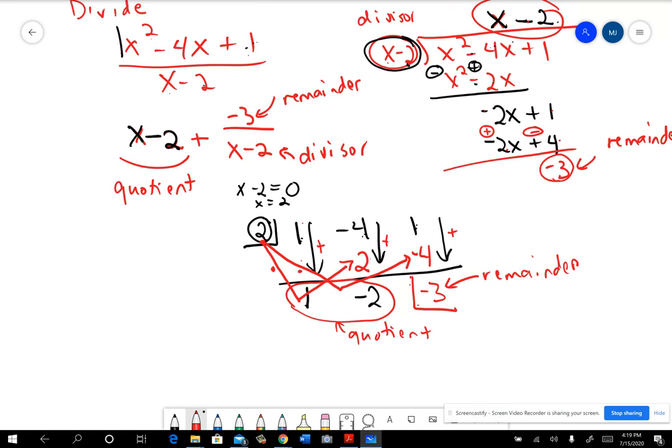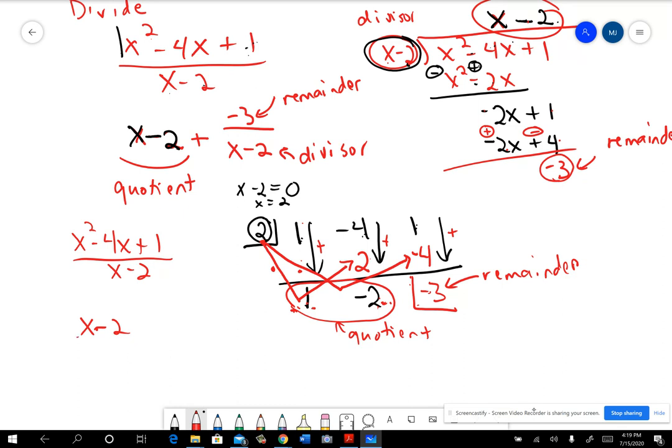So you have to think about, okay, what I had was the problem x squared minus 4x plus 1, and I divided it by x minus 2. What I got as a quotient, that's what I get from here, happens to be 1x minus 2. This number next to the remainder is always the constant, and then this would be 1 over from a constant, which would be an x term.